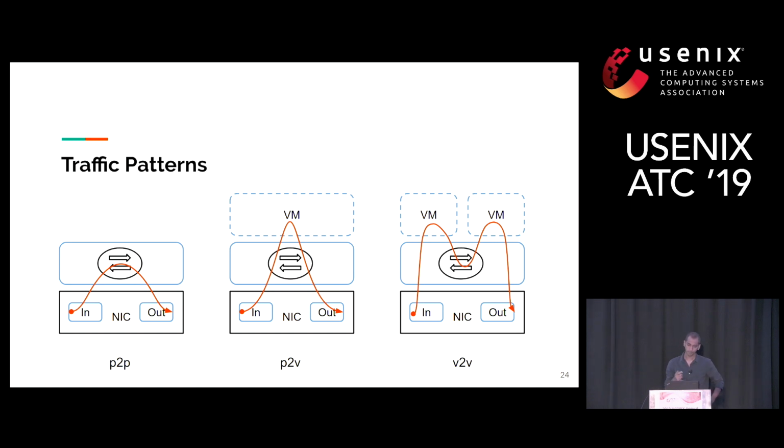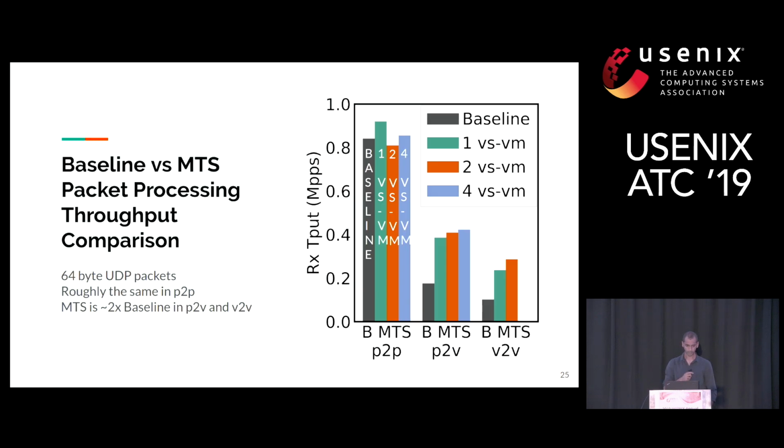OK, so with this kind of resource mode and traffic patterns, we made several measurements, and I'd just like to share the results from the throughput measurements. The first being raw packet processing performance. Over here, we have 64-byte UDP packets being sent, and we measured how fast the systems could forward those packets.